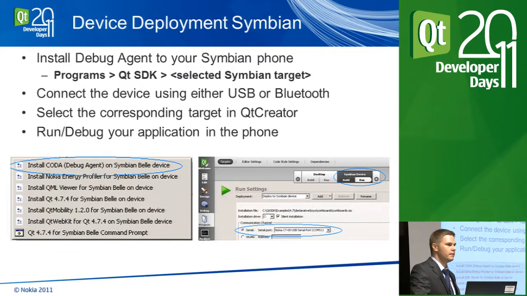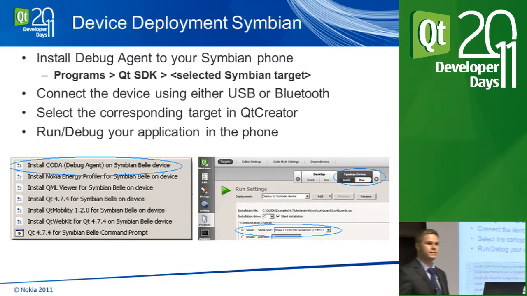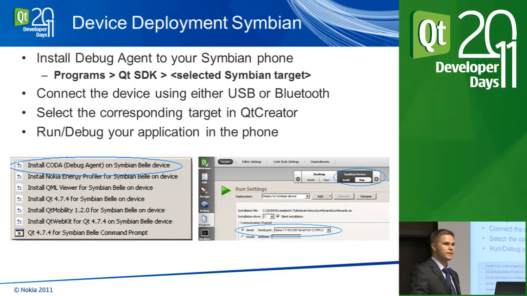There are some things that you need to make sure are available at that time. First of all, you need your mobile phone. You need to connect it to your laptop or your computer. You need to have Nokia Ovi Suite or a similar application installed to take care of communication.